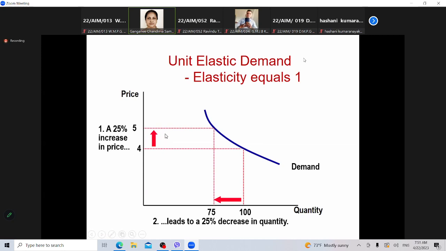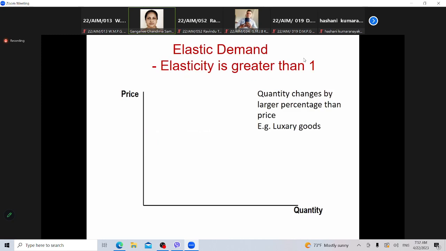That means 100 divided by 4 means 25. So you can calculate these quickly, or if you need, write how it comes to 25% here also. 25 over 25 means price elasticity of demand is 1, because the numerator and denominator are the same.